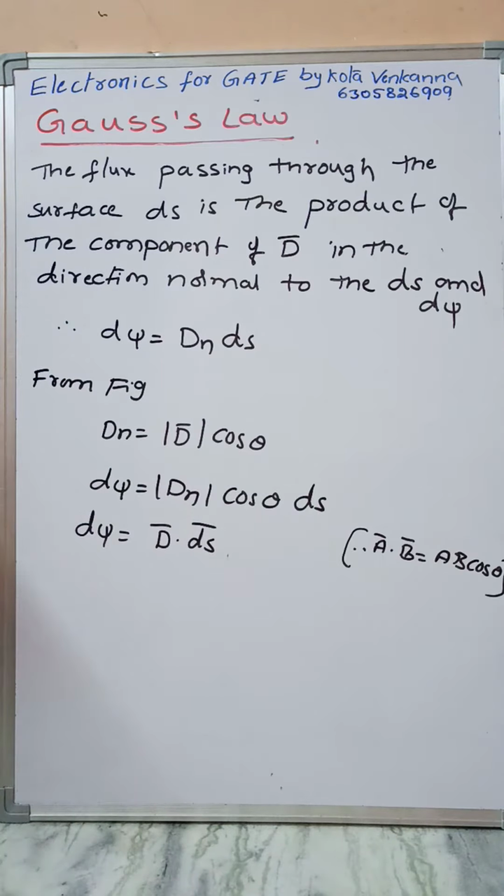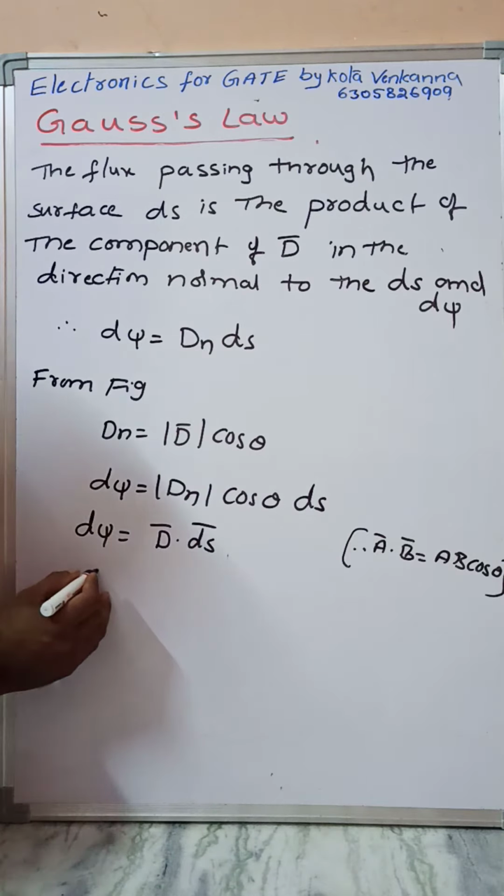This is the flux passing through the incremental surface area ds. Hence the total flux passing through the entire closed surface is obtained by taking the surface integration of this equation.